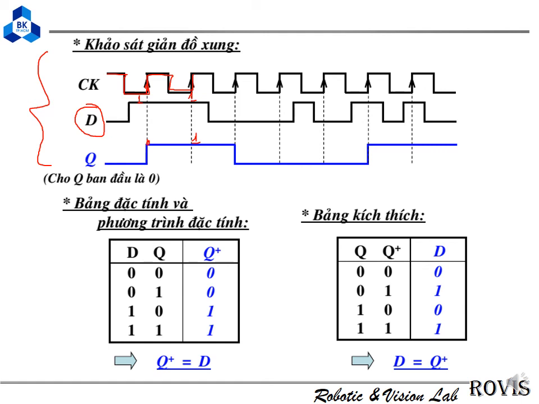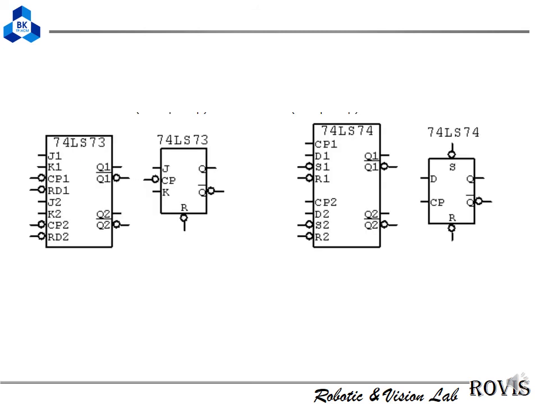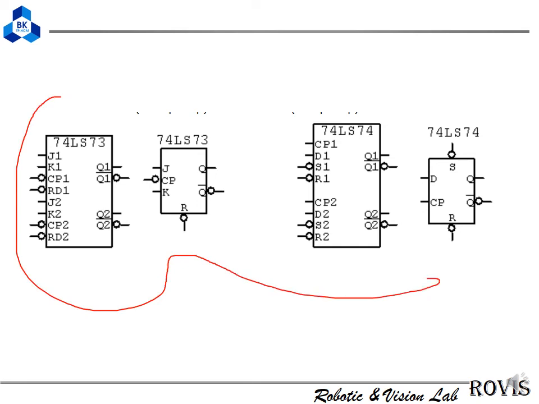When it becomes low, if this were a latch, it would change the Q value, but this is a flip-flop, it is only active on the rising edge. So from here to here is still a high value. That is the difference between the flip-flop and the latch. Okay, and this is the chip name you can buy on the market.